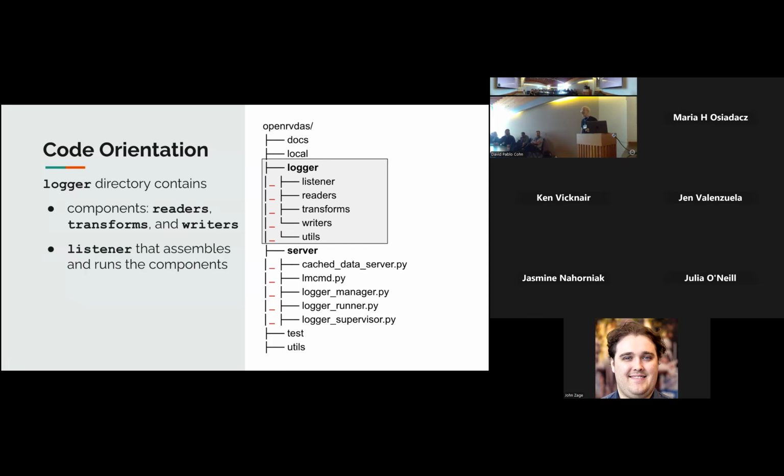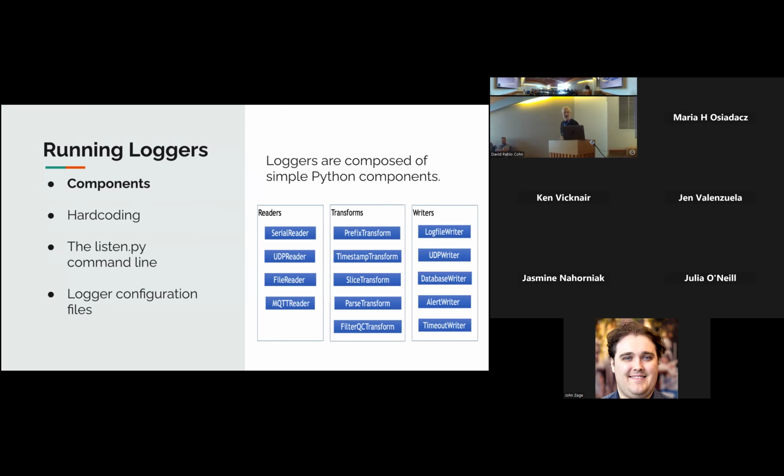The code for loggers is cryptically hidden in the logger subdirectory, and it has components: readers, transforms, writers, a thing called the listener we're going to talk about in a minute, and then utilities. Typical readers: serial reader, UDP reader, file reader, MQTT. Writers: log file, database.